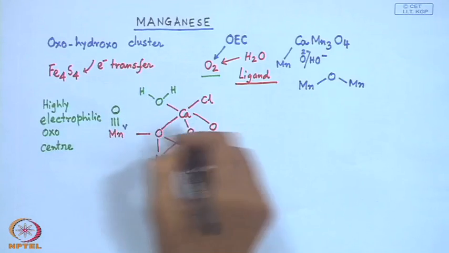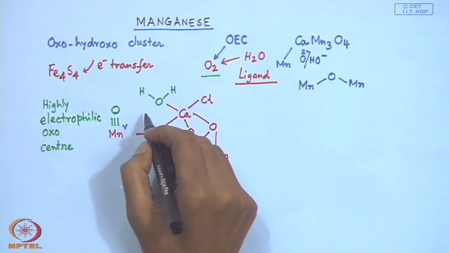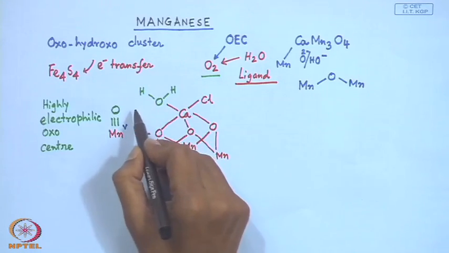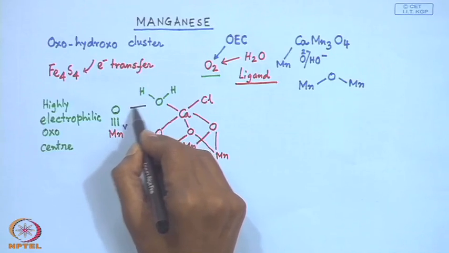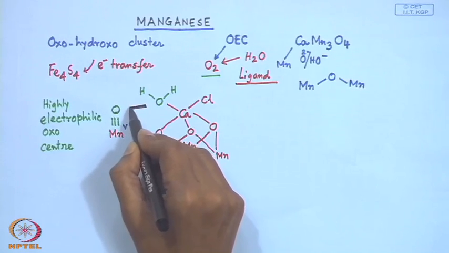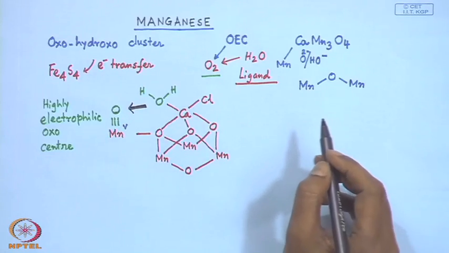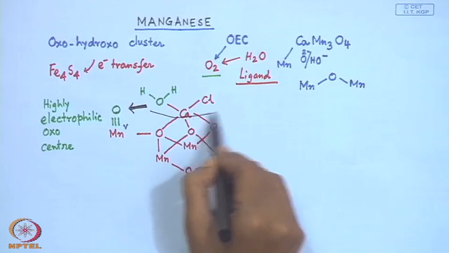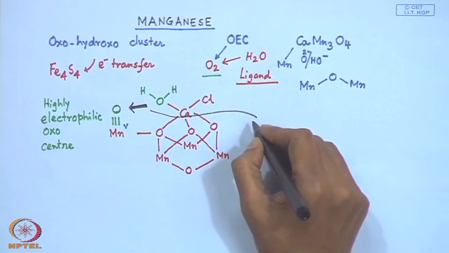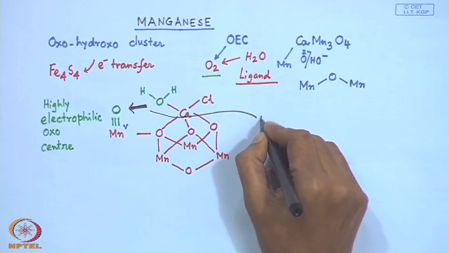Then you have this entire cluster arrangement. So, if we have this particular water molecule close to this oxo center, it can go for nucleophilic attack on that oxo center.